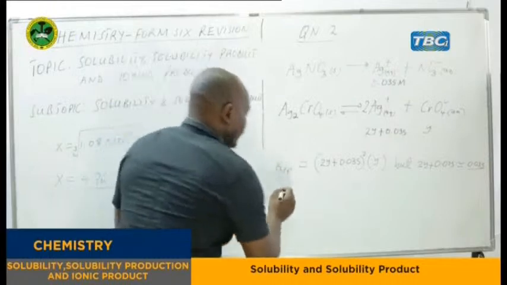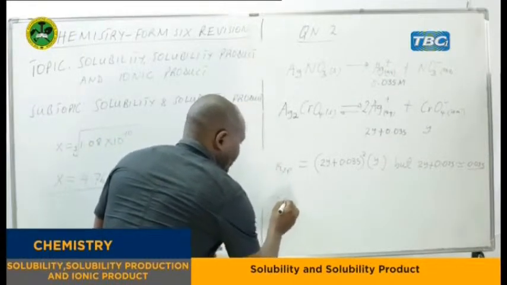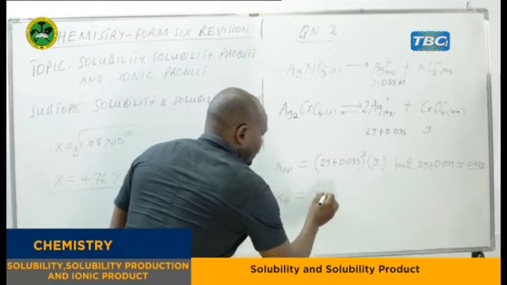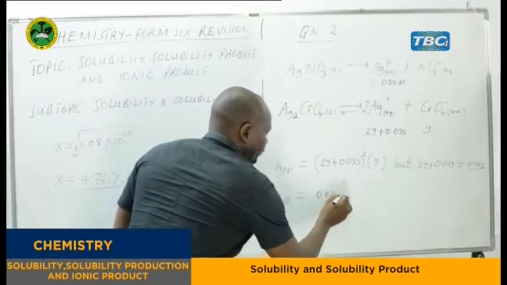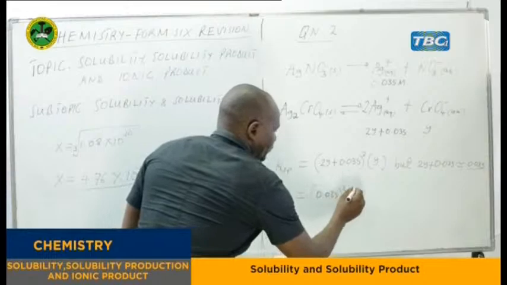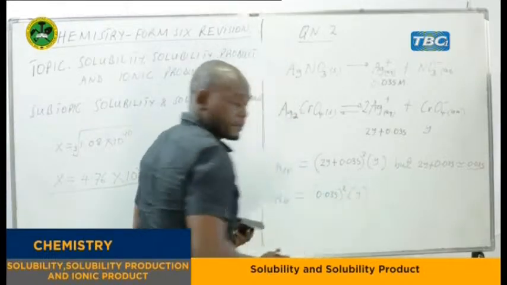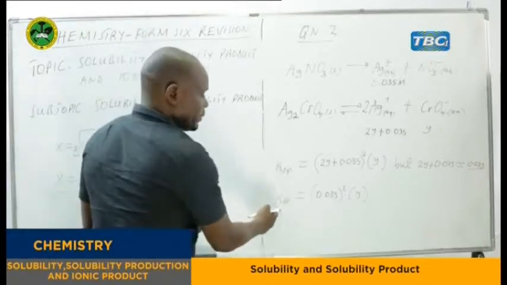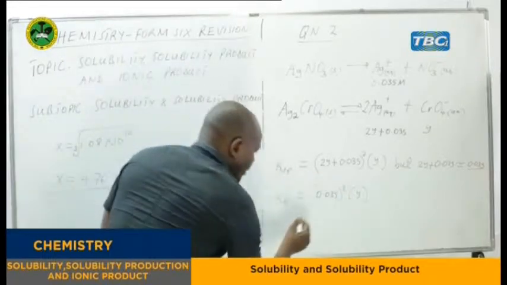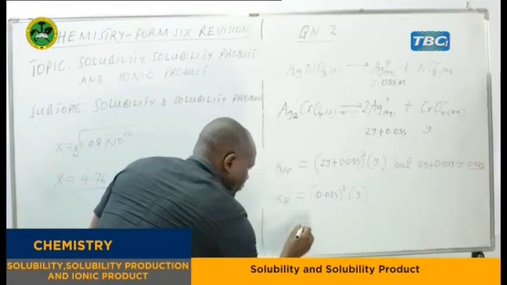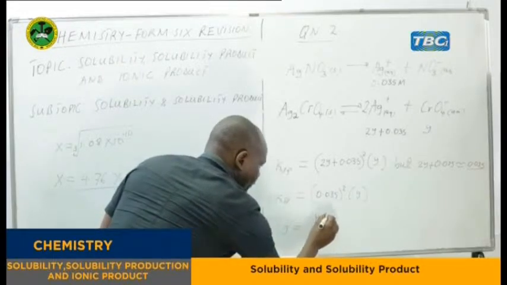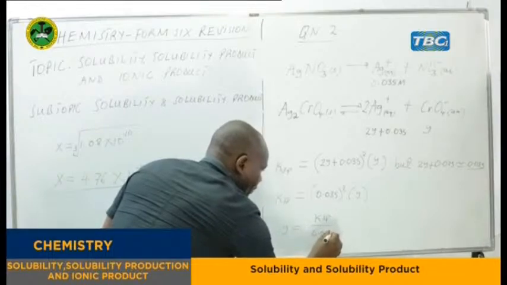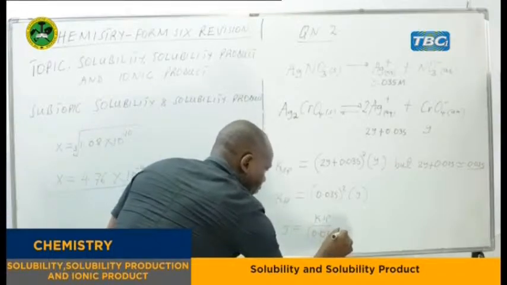So it remains to be 0.035. So our Ksp will be equal to 0.035 squared, times Y. We are looking for solubility, which is Y now, and we have the Ksp. So Y will be equal to Ksp divided by 0.035 squared.